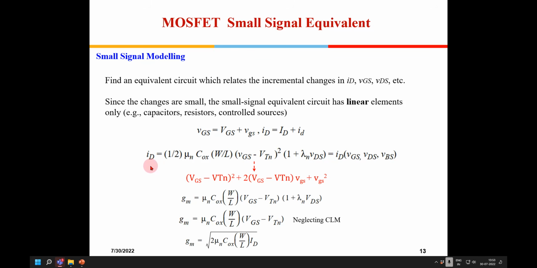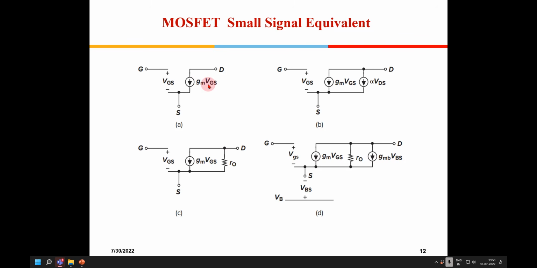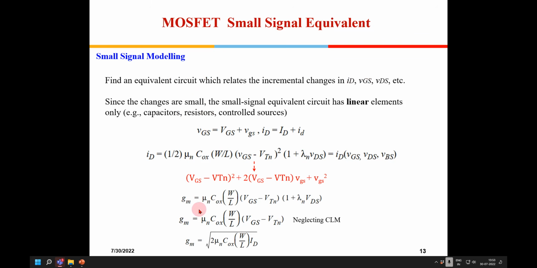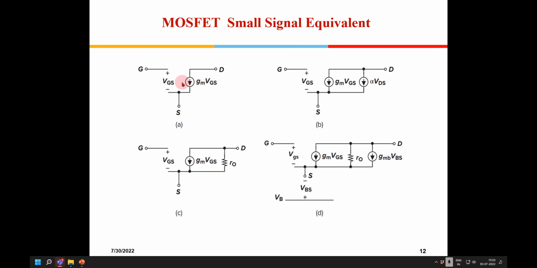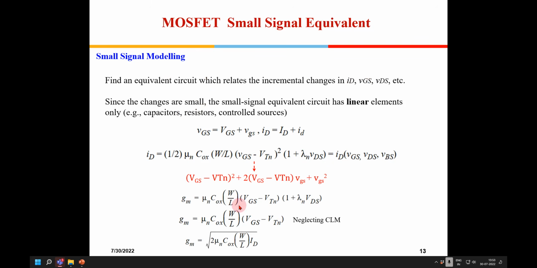Current is gm into small vgs. gm is the change in current with respect to voltage, so this is the current with respect to vgs. Is it okay? All of you? Yes, this is okay.